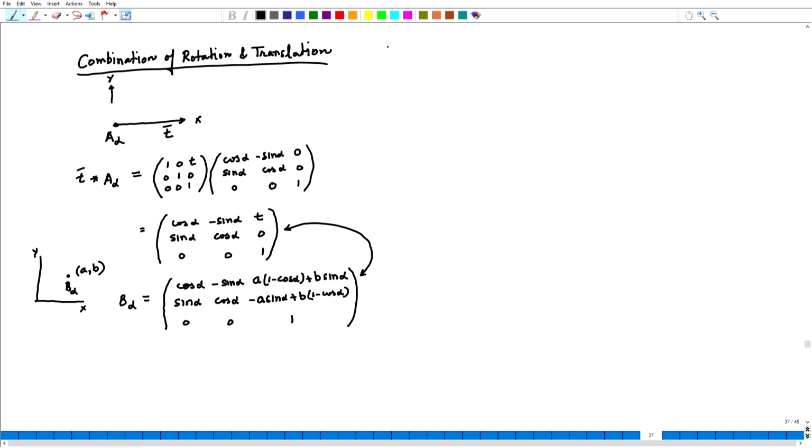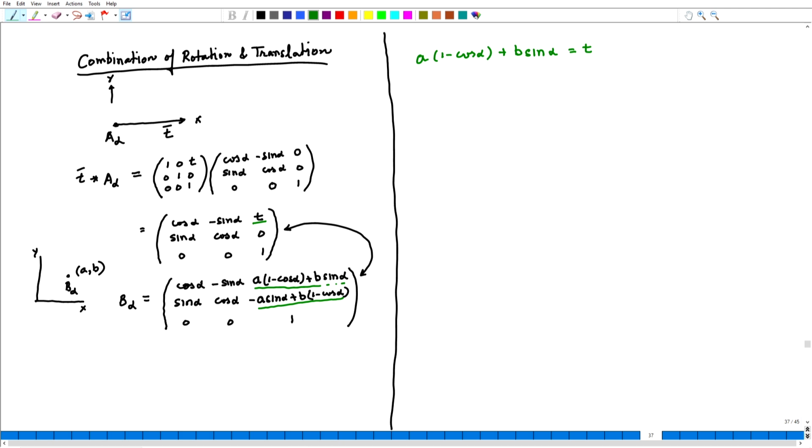So, let us try to do this. I look at this element and compare it with this, and I write down the equation: A times 1 minus cos alpha plus B sin alpha should be equal to T. Similarly, you look at this element and equate it to 0: minus A sin alpha plus B times 1 minus cos alpha equals 0.